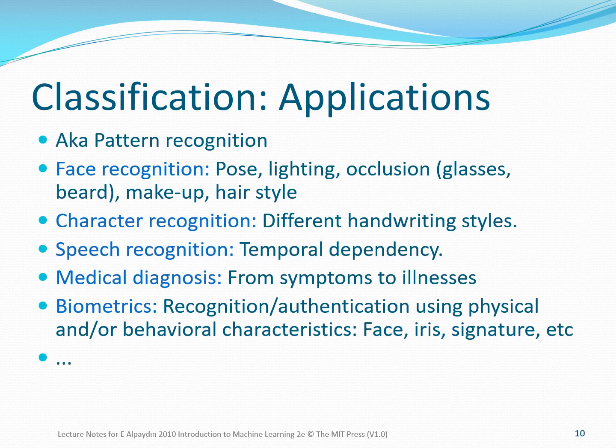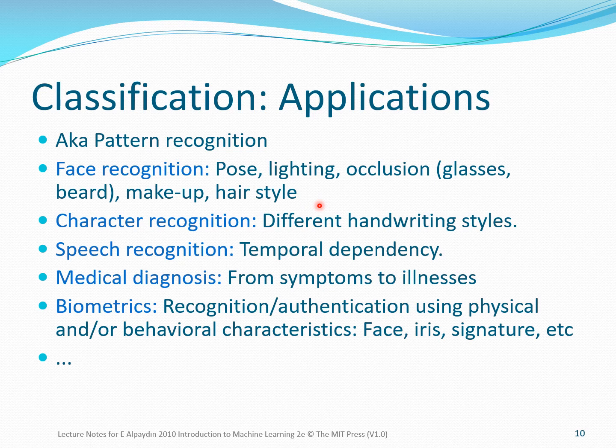These are the applications of classification. Number one, it helps in pattern recognition, face recognition, especially in pose, lighting, occlusion, that is glasses or beard, makeup, and of course hairstyle.